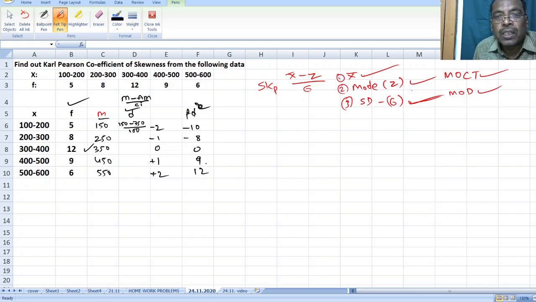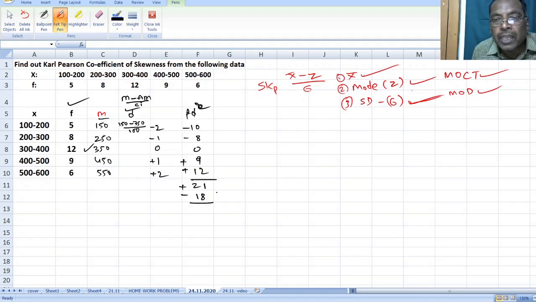Okay students, so here these are pluses. 9 plus 12 is equal to 21 and 10 plus 8 is equal to 18. These are pluses and these are minuses. So when you subtract 18 from 21, you get 3.